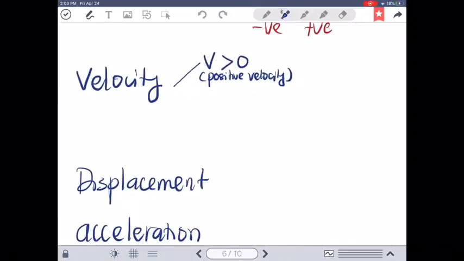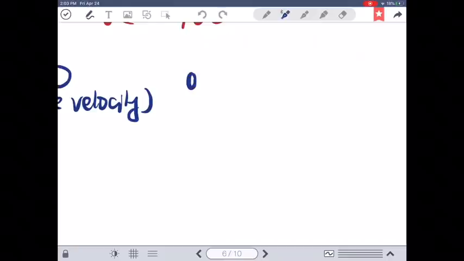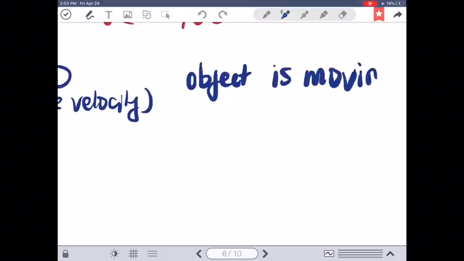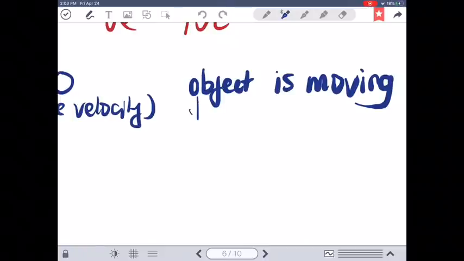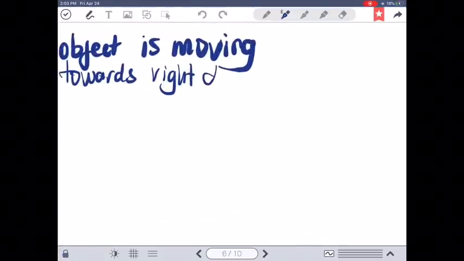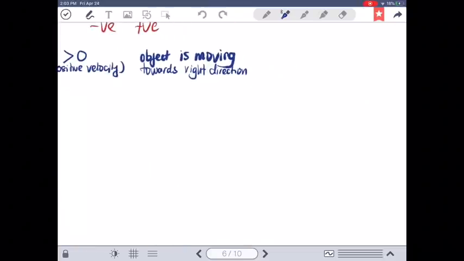It means that the object is moving towards the right direction. So the object is going that direction. So this is v greater than 0.